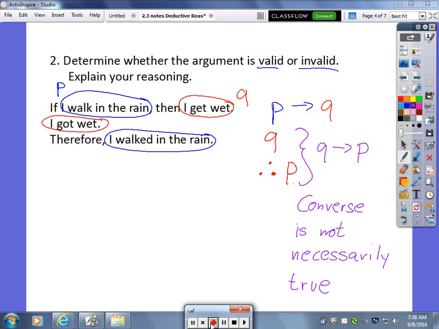And you also remember, our sneakers converse means we switch the order. This is if Q, then P. And since the converse is not always true, it may be true, but it's definitely not always true, that means that the argument that was made based on this is actually invalid.